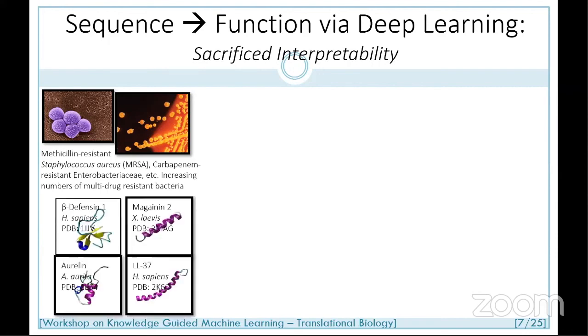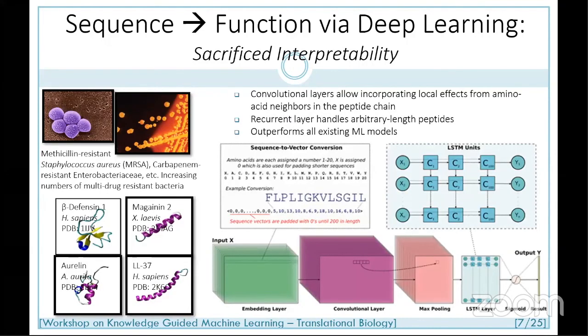So I had a student at the time who was able to put together a rather simple deep neural network with convolutional layers and recurrent layers. The recurrent layers would help us to handle arbitrary length peptides in this case.